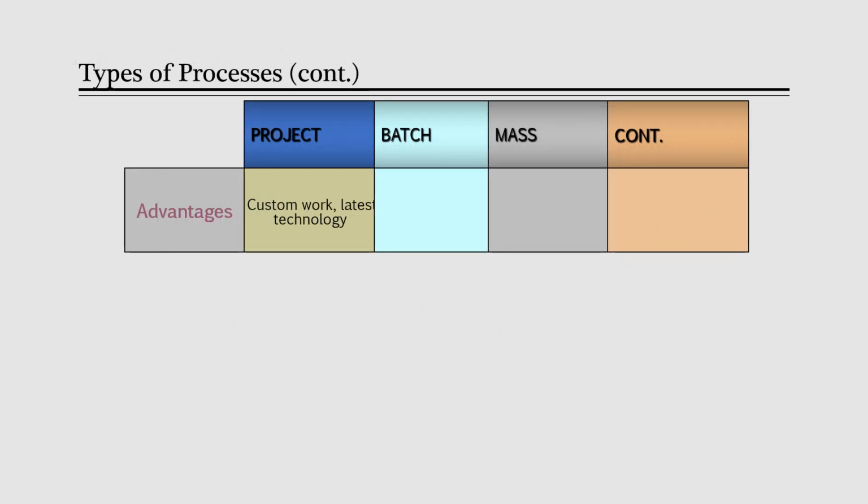Now let's see what are the advantages of each process. So in the project, we can do customized work and the latest technology can be used to produce these projects. When it comes to batches, it's flexible and we can maintain the quality. In the mass production, it is more efficient and you can do the production at speed and low cost is involved.